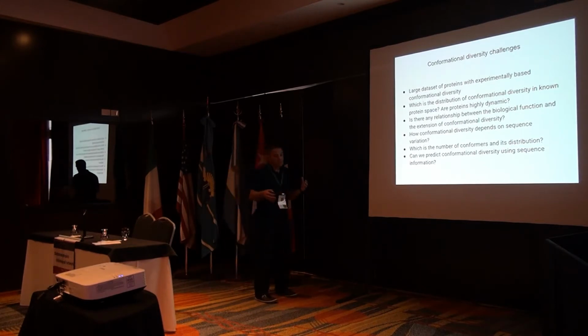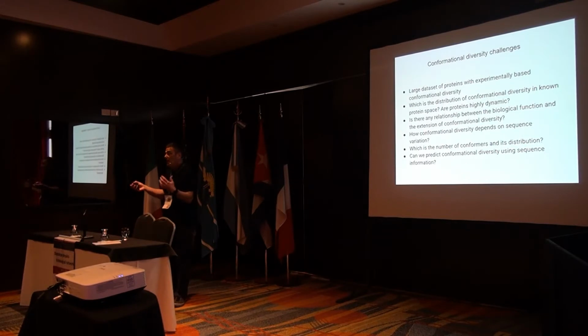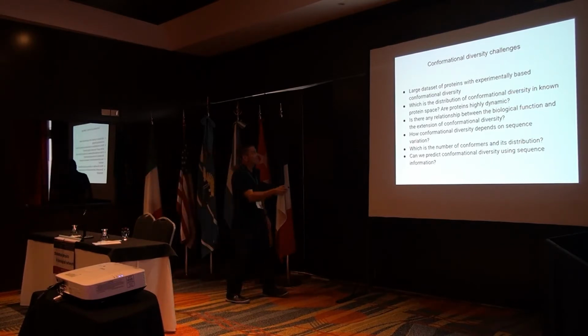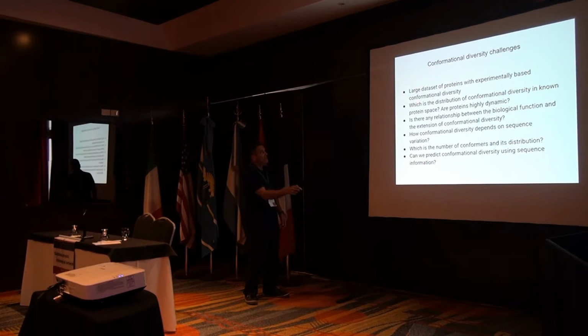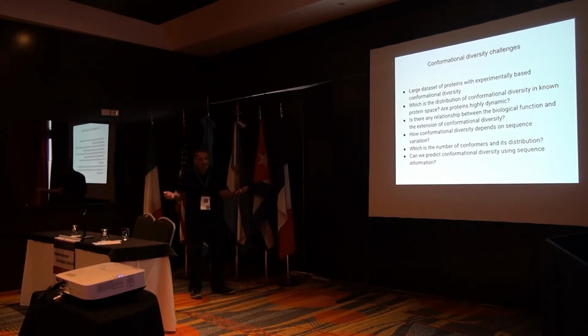At the very beginning, the first idea was, okay, we have to have a large number of proteins with different degrees of conformational diversity. That was the first point in our research plan. So we have to obtain a large data set of proteins with experimentally based conformational diversity. And then we started to ask different questions.